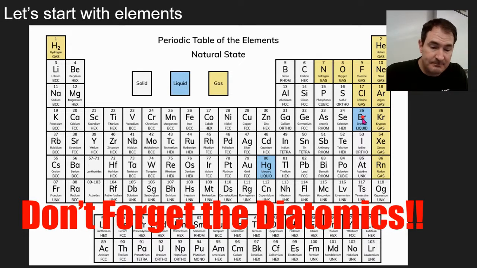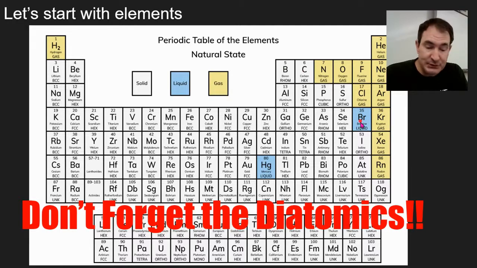As we get heavier, there's a tendency, not always, but a tendency for substances that are heavier to be more likely to be a liquid or a solid at room temperature. And so lighter elements, or those diatomics, are gases. Then we get to bromine. We're getting a little bit heavier.